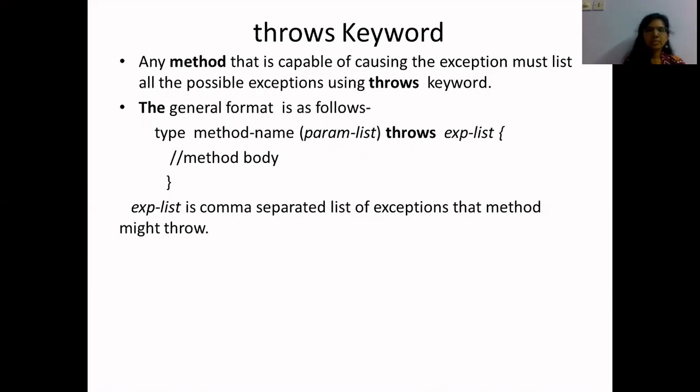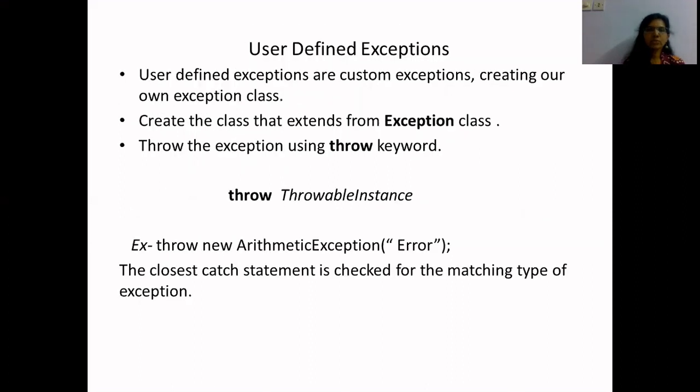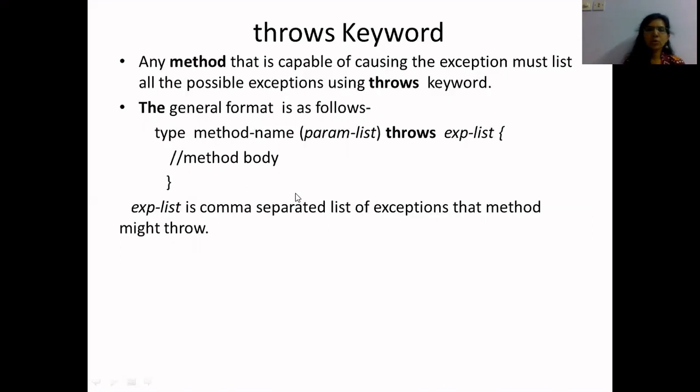From this explanation, you would have noticed some of the differences between the throw and throws keywords. Throw is always followed by an instance of the class, whereas throws is followed by the list of exception classes. It is not the instance.